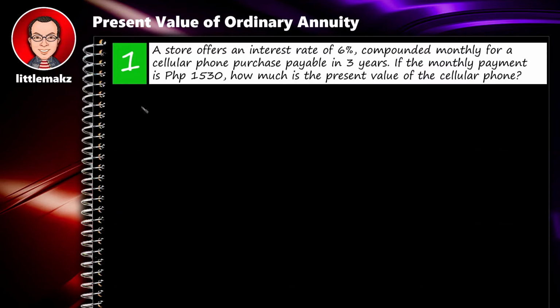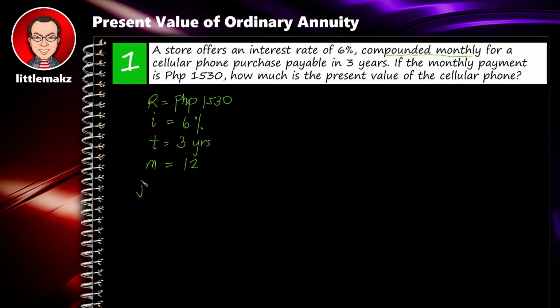So let's try to indicate our given. The amount 1,530 is our R. Our interest rate is 6%. Then our time here is 3 years. And our M is, our problem says the compounding is monthly.